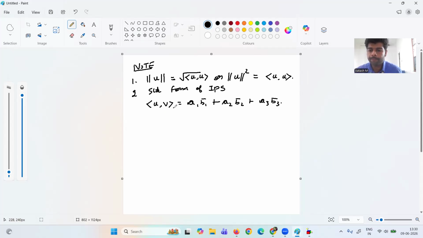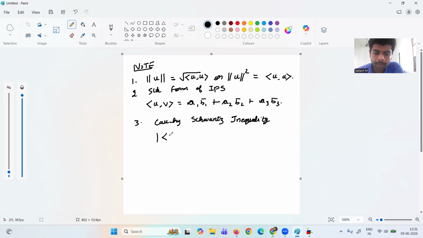Now we can see the third note. You need to know the Cauchy-Schwarz inequality. Just have a glance at this one.